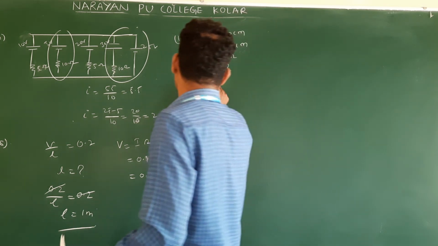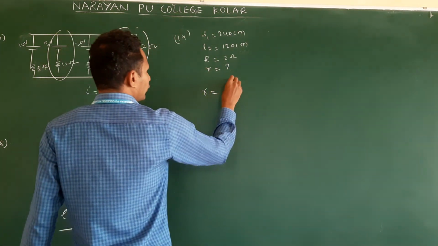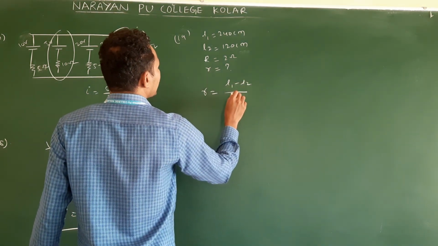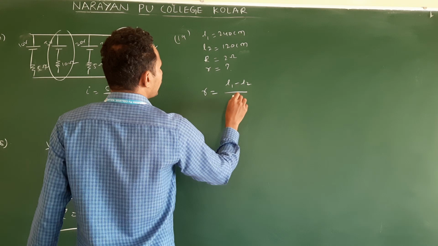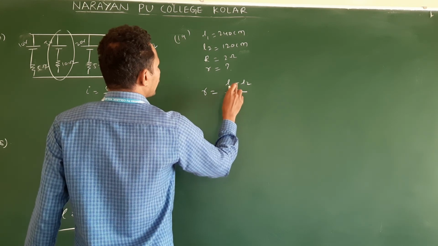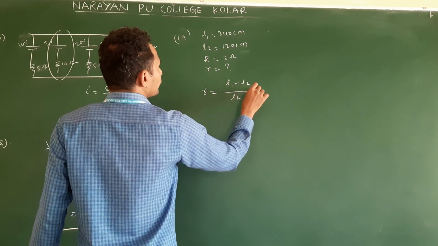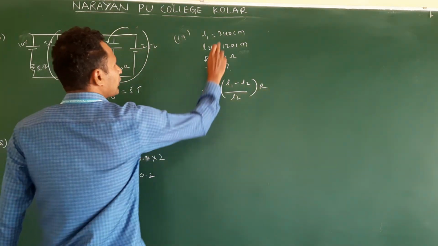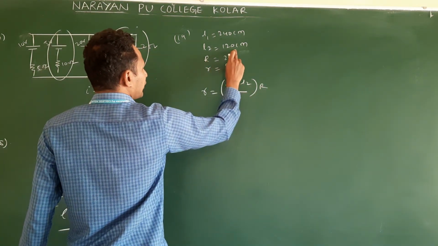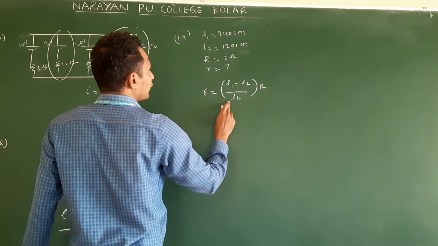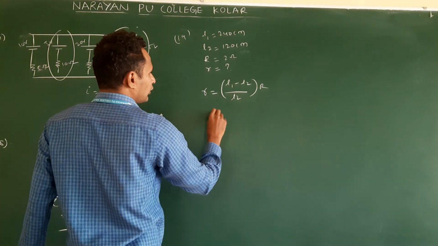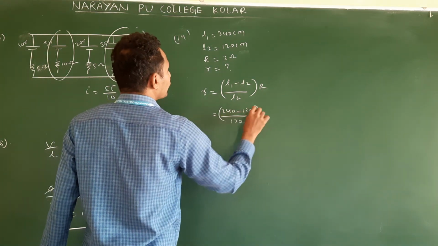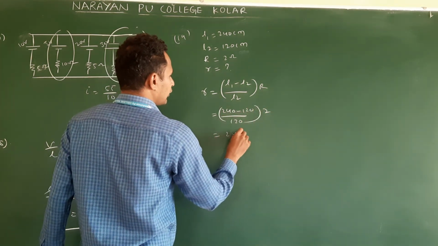What is the formula? r is equal to (L1 minus L2) by L2 into R. So you can substitute and you will get the answer: 240 minus 120 by 120 into R, where R is 2 ohm. 120 by 120 is 1. Then you will get 2 ohms.